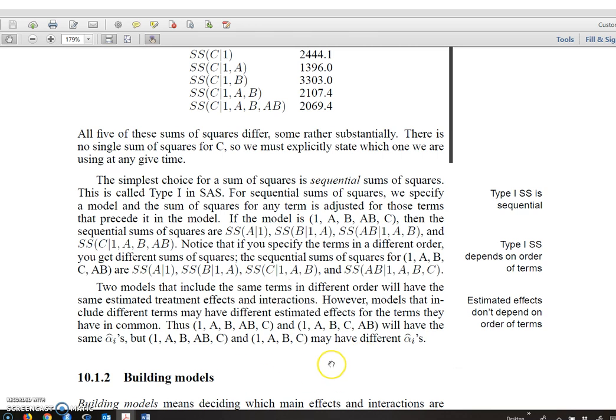So the consequence of that is that this order and that order will have the same alpha i's, but this and this may have different alpha i's because of the exclusion of the AB interaction.